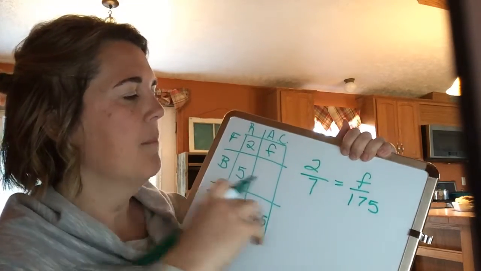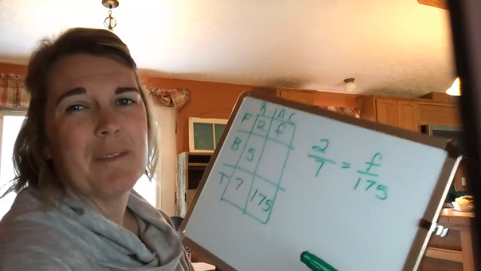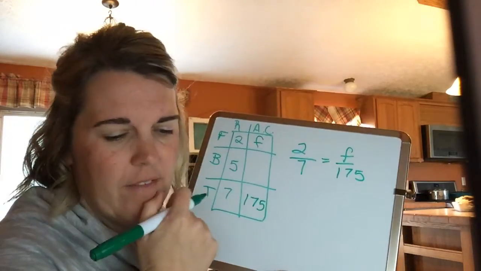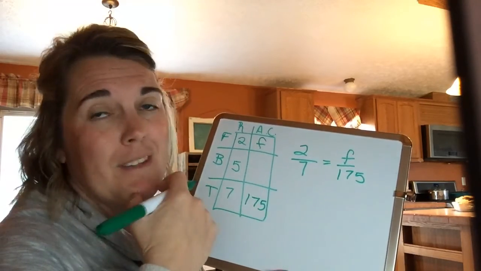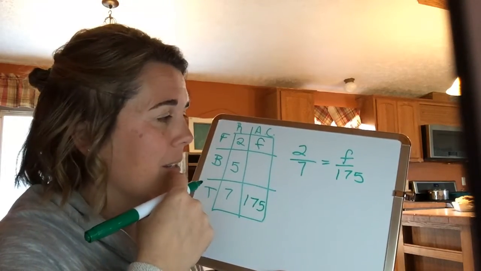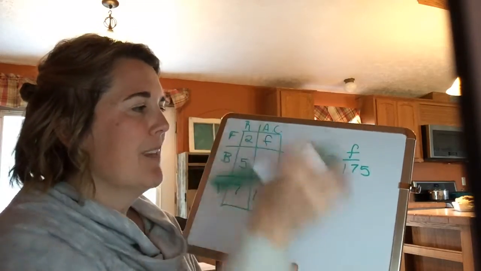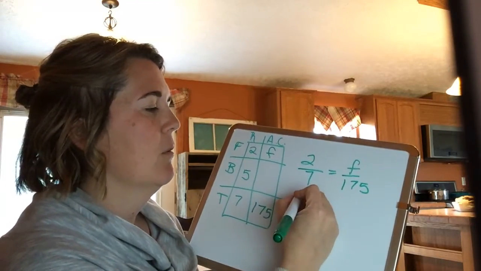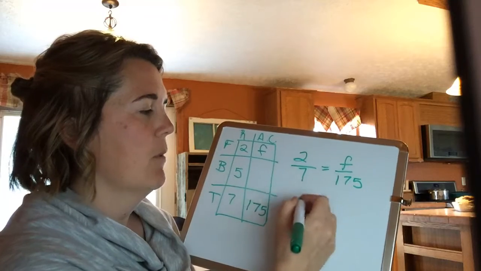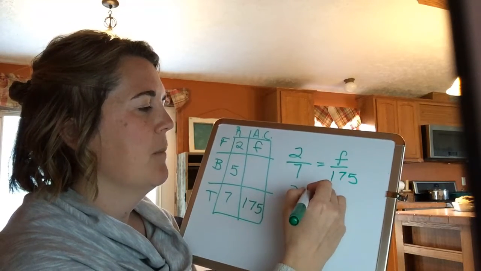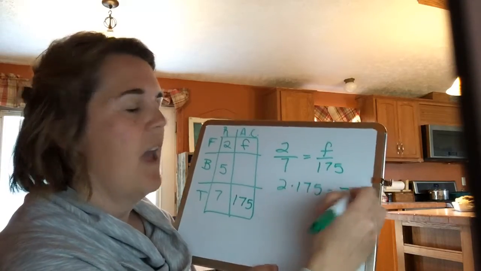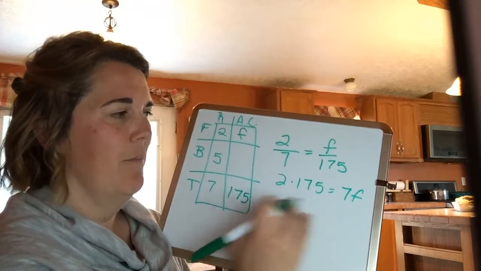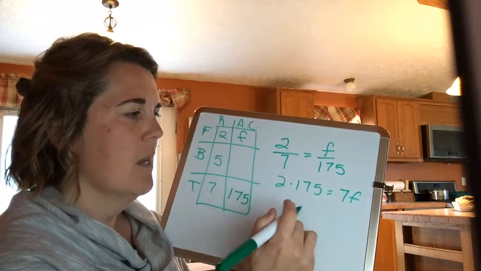Now, do I know what 7 times 175 is? No, I don't. Or what I multiplied 7 by to get to 175, I don't know that either, okay? So this is the same thing that we've been doing, where you cross multiply, okay? So you go 2 times 175 equals 7 times F, right? Now we know how to figure this out. The first thing we do is multiply.